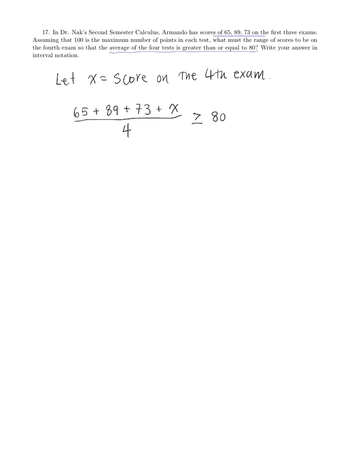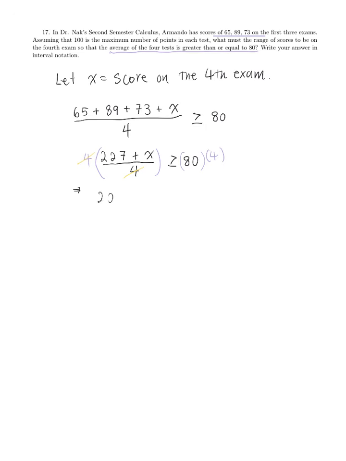So if I add 65 plus 89 plus 73, that's 227 plus x all over 4 is greater or equal to 80. Now what I'm going to do is multiply the left and right hand side by 4 because that's the least common denominator. So then what do we get? Now notice that these two 4's are going to cancel each other out.